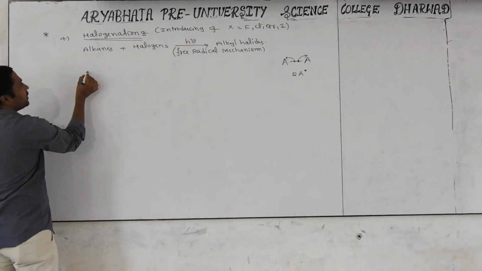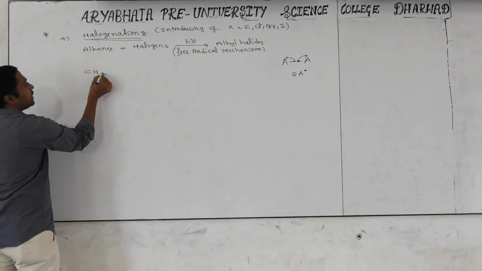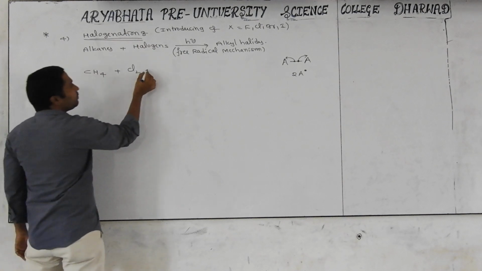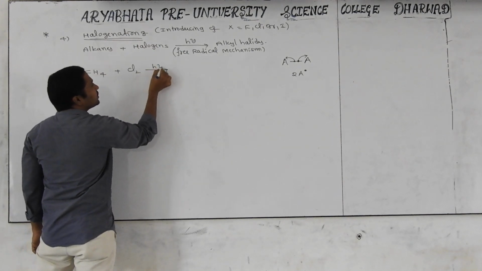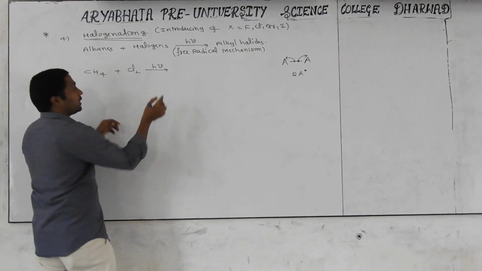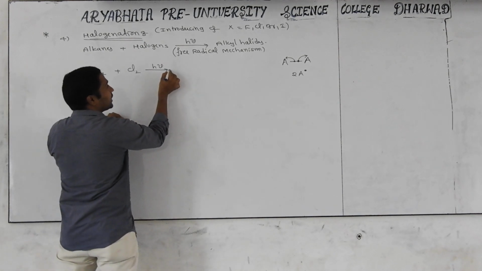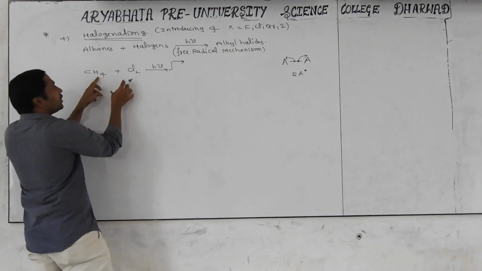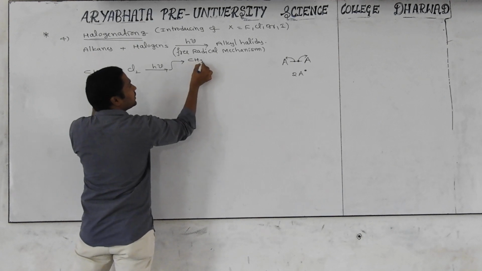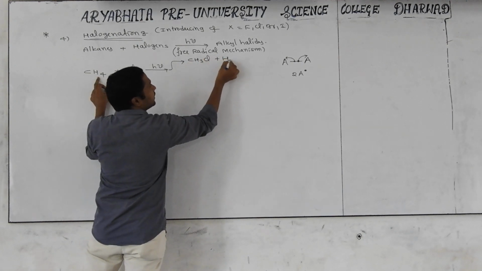Can you give one example of an alkane? Methane. It will react with Cl2 in the presence of sunlight. I am giving different chemical reactions, meaning different products, so I am writing carefully. First, only one hydrogen is replaced with one chlorine. Which product do we get? CH3Cl plus HCl.